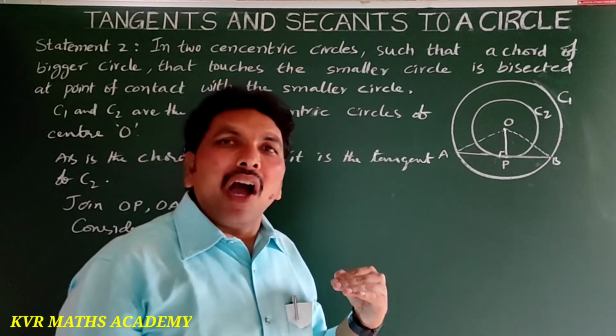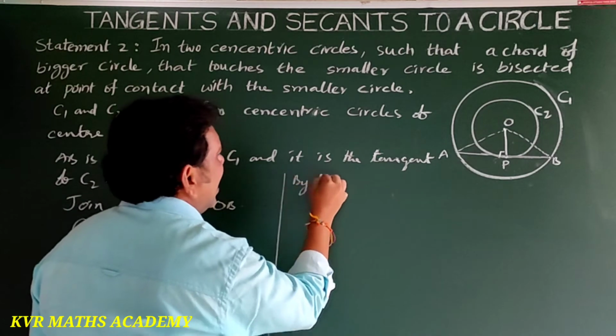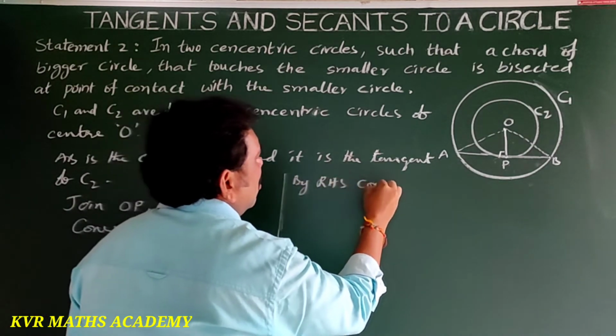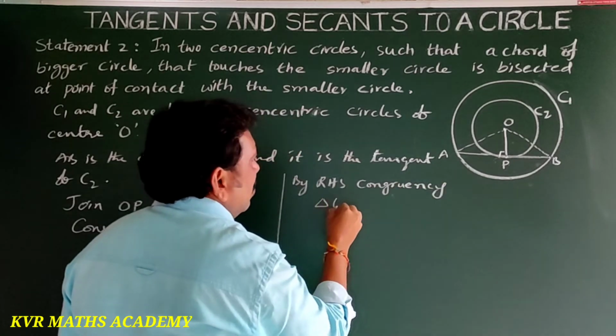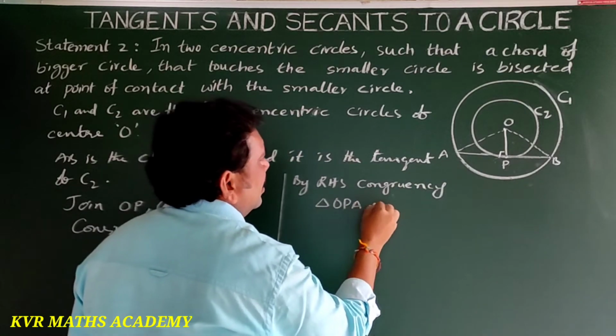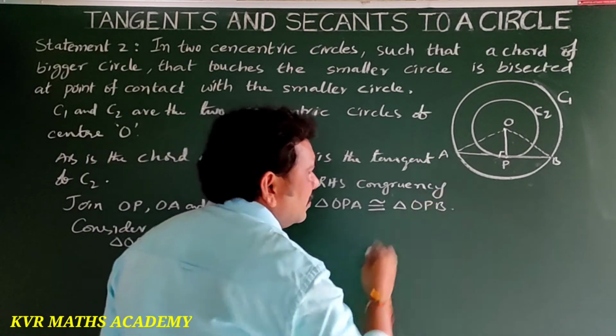By RHS congruency, triangle OPA is congruent to triangle OPB.